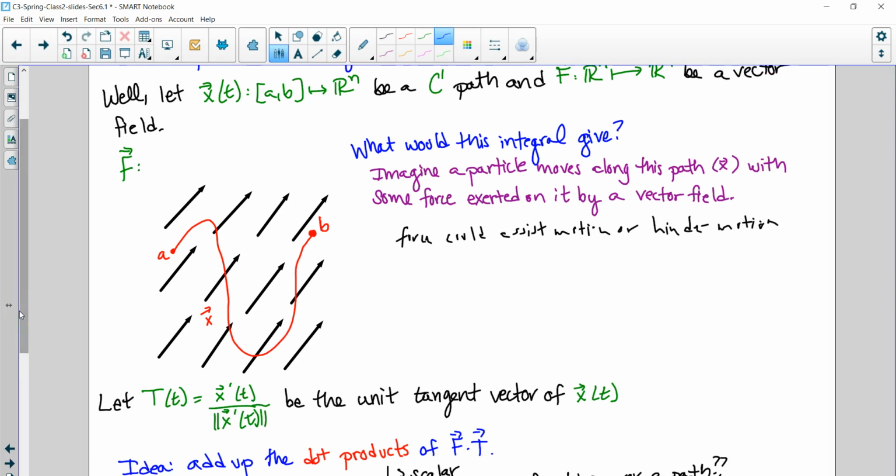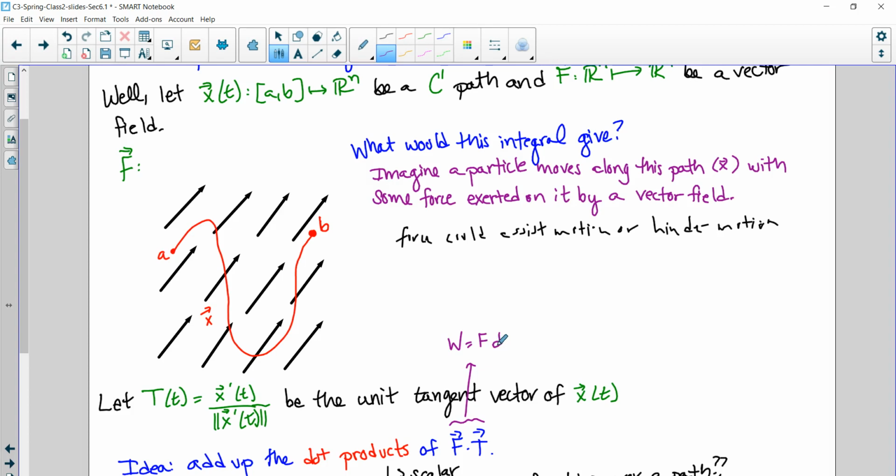The idea here is that if we add up the dot products of the vector field with the unit tangent vector, well, let me explain what that would mean. Even though I switched from being an astrophysics major to a math person, I still remember that work is force times distance.